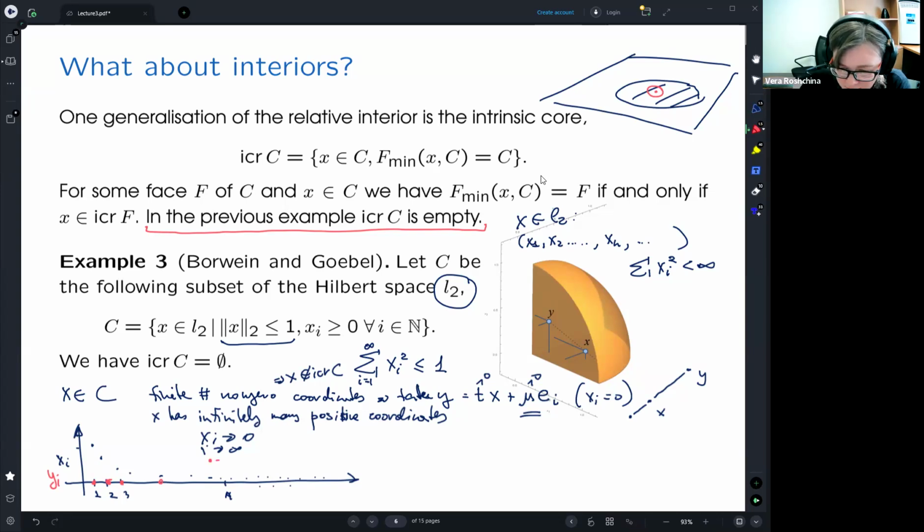So we'll put it here. That will be my y_k. And then I will continue like this. Because the x_i's are going to 0, but there are infinitely many of them that are positive, I can make sure that the norm of y is actually not larger than the norm of x.